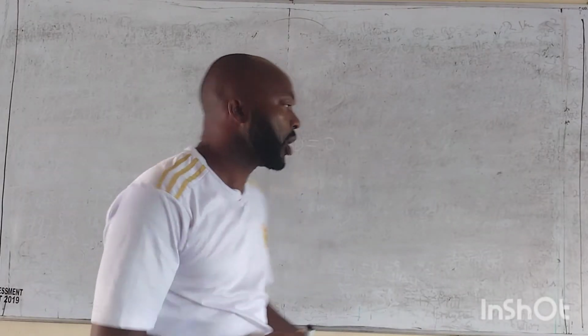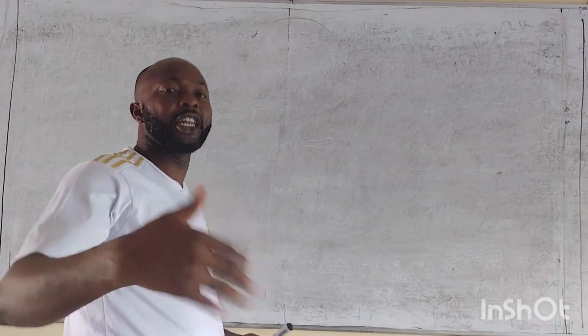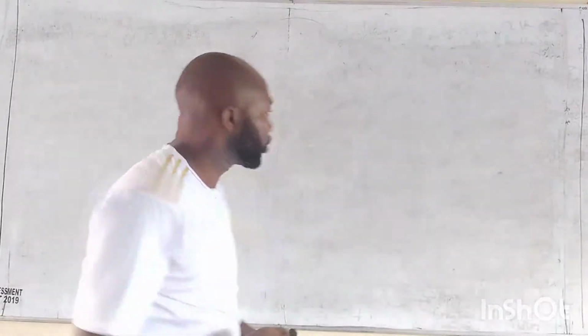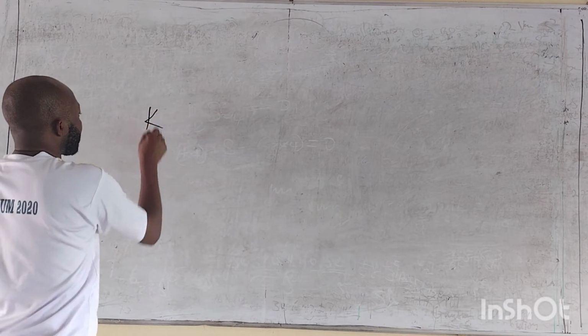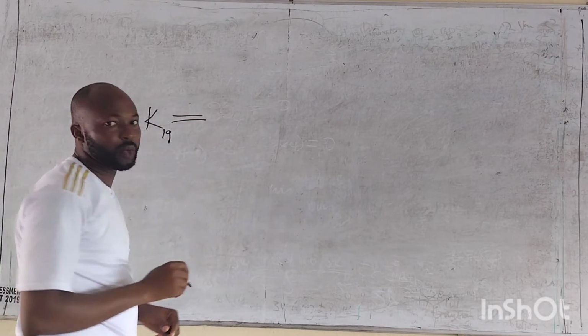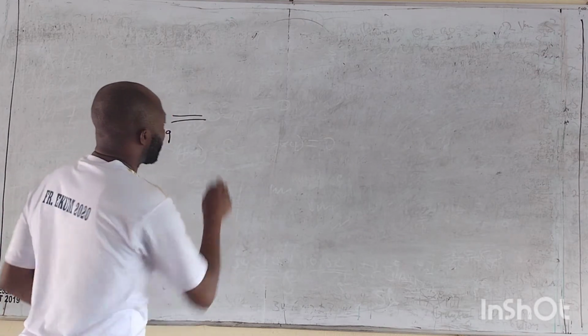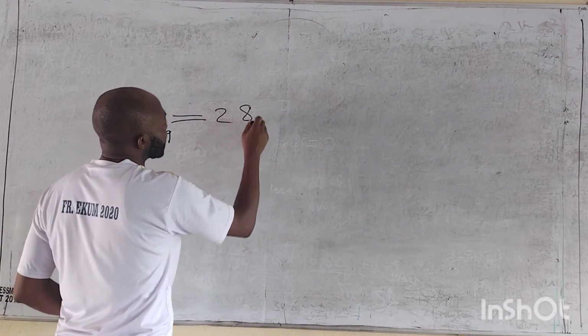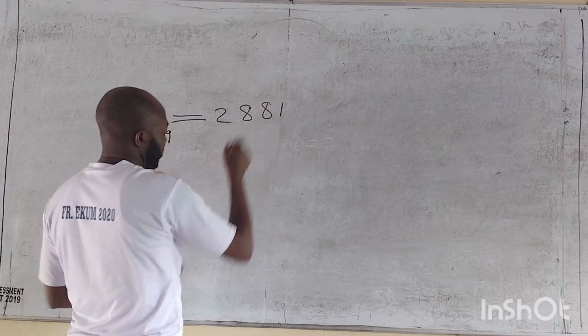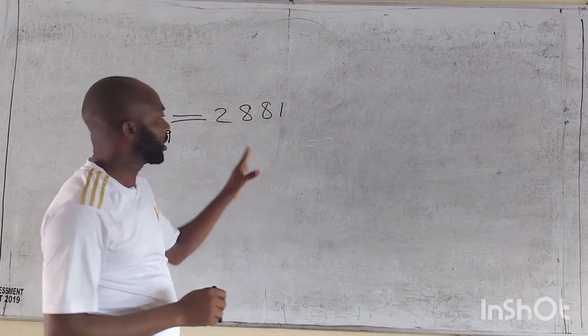Then we go. We say potassium's atomic number is 19. We go to our electronic configuration process, the old method, which is 2, 8, 8, plus 1, which will give us our 19.